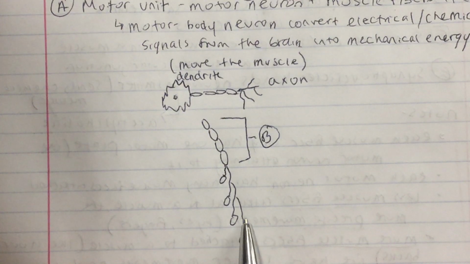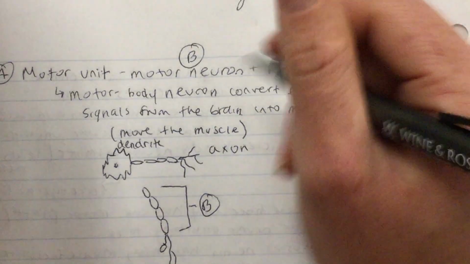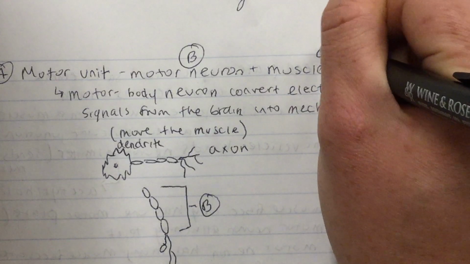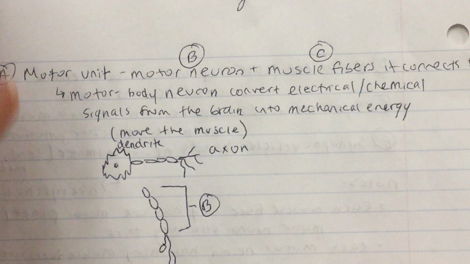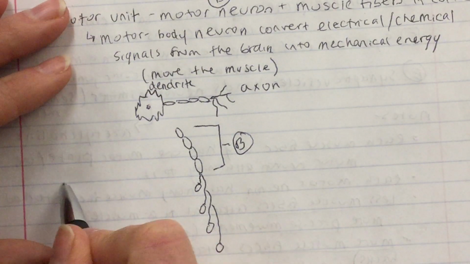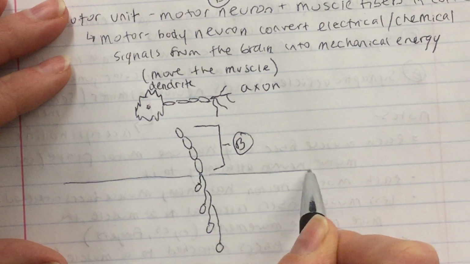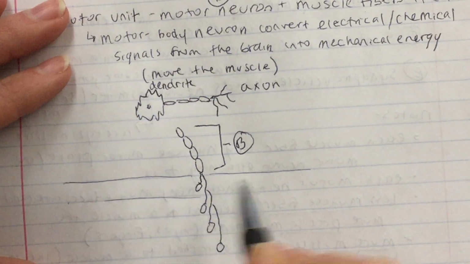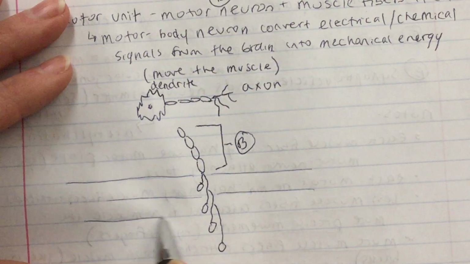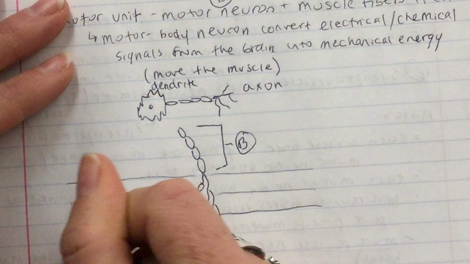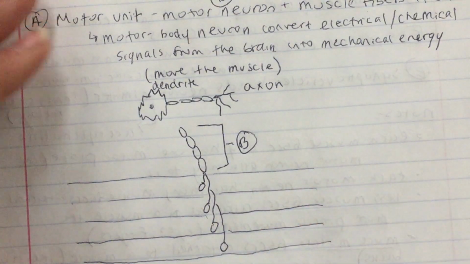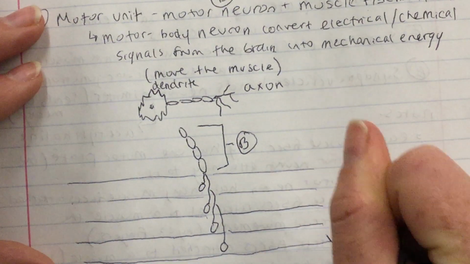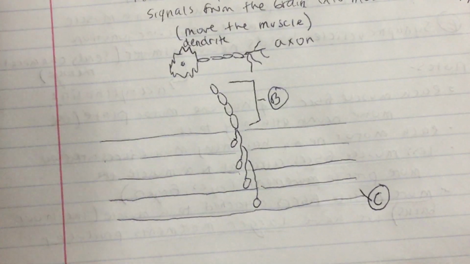So down here we have our other part C, the muscle fibers. So we're going to draw some muscle fibers or muscle cells. And so we are going to draw some lines across. Remember, these skeletal muscle fibers or cells are very long. And they have a couple characteristics that we will add in. So I'll label one of these letters C. Each of these are muscle fibers. So in this picture, we have 4 muscle fibers.